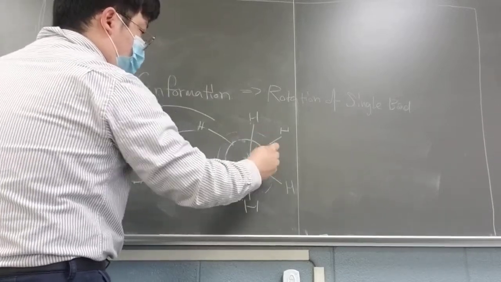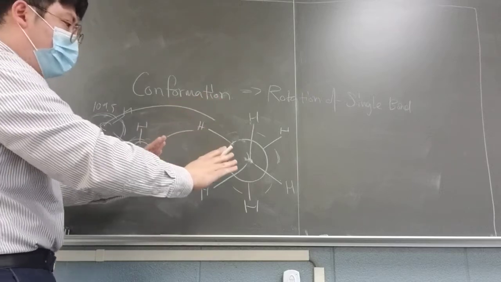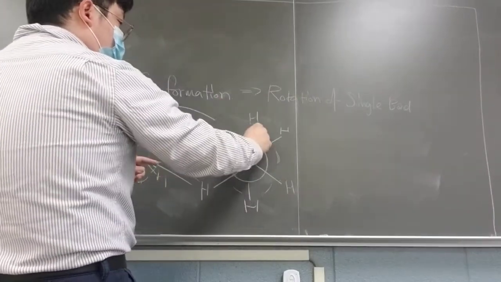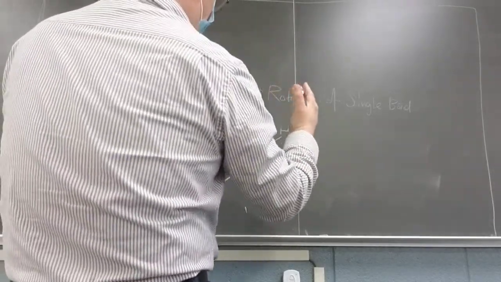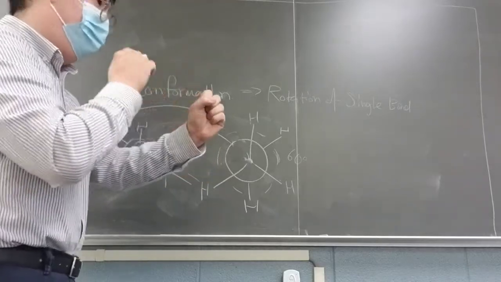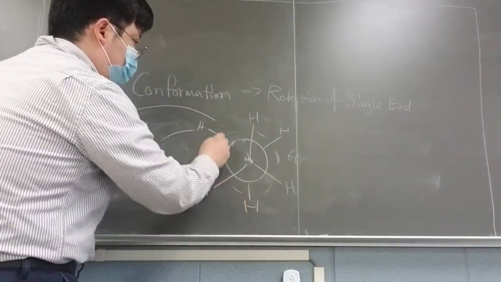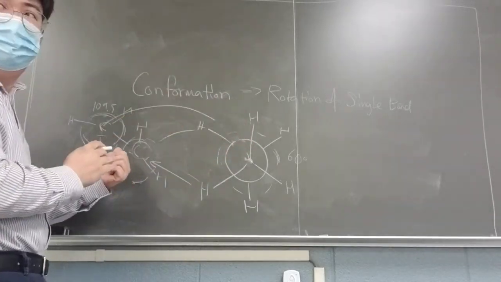I know they are all 109.5 degrees in 3D, but in 2D they will all be about 60 when you look from the front to the back. So this will be 60, 60, 60, 60, 60, 60 in this picture, not the actual bond angle.